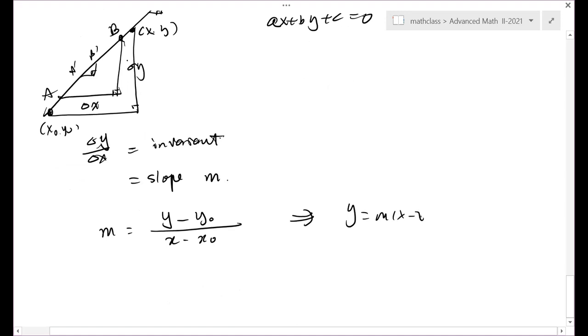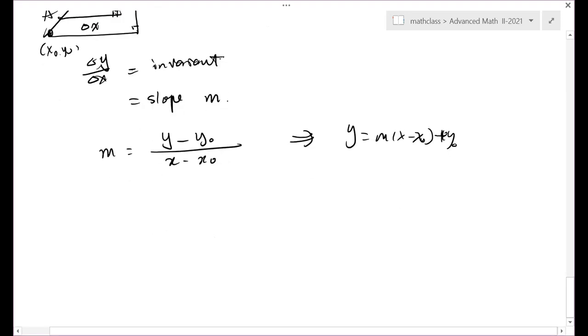So you get a linear equation. And conversely, given a linear equation, I can get a slope, then I can also sketch the line and get another point on the line.